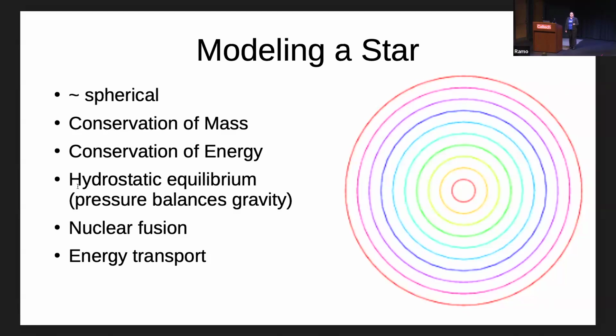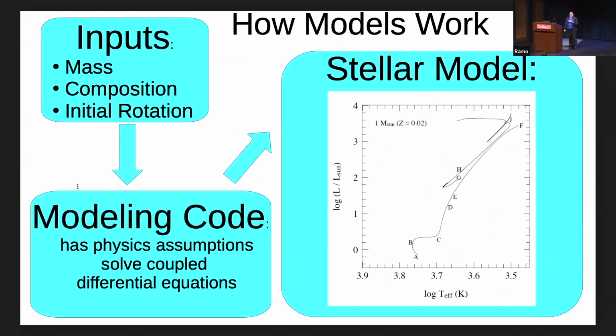We put that into some sort of stellar modeling code, and we can say, okay, for a star of some mass, maybe one solar mass, some composition, say solar composition, and maybe some initial rotation or other parameters, we put it into the modeling code, it solves those coupled differential equations, and out comes a prediction of how a star of that mass and composition should evolve over the course of its life.